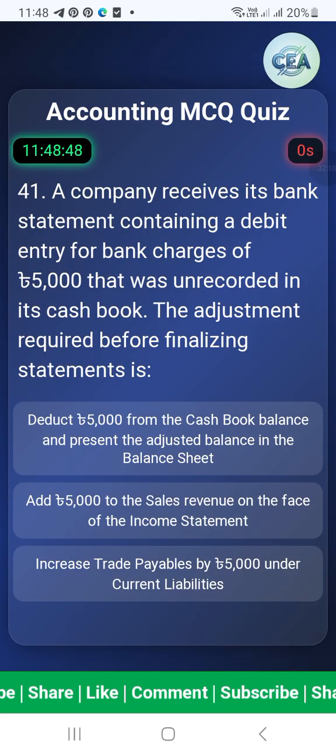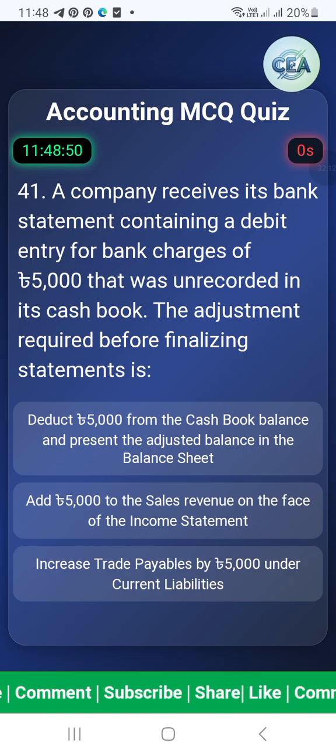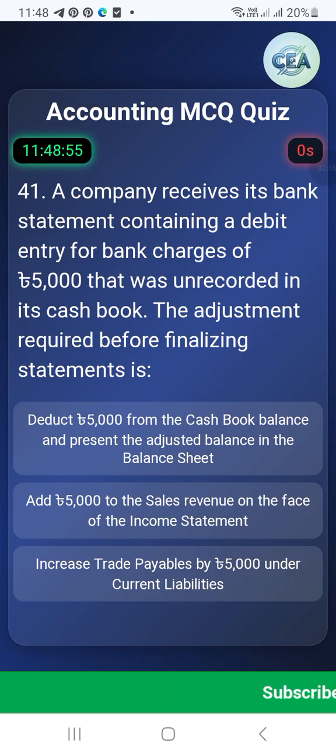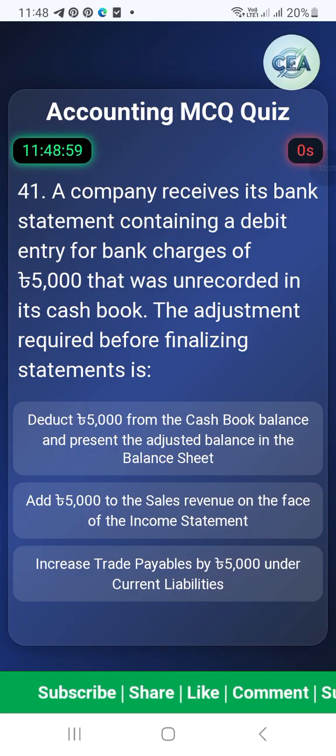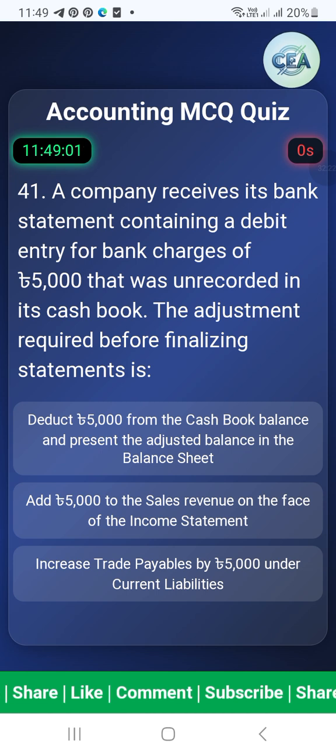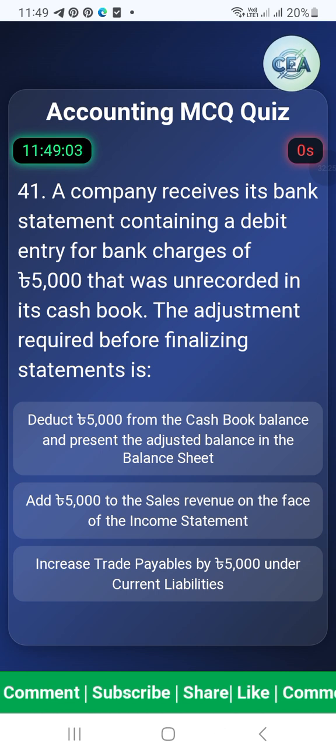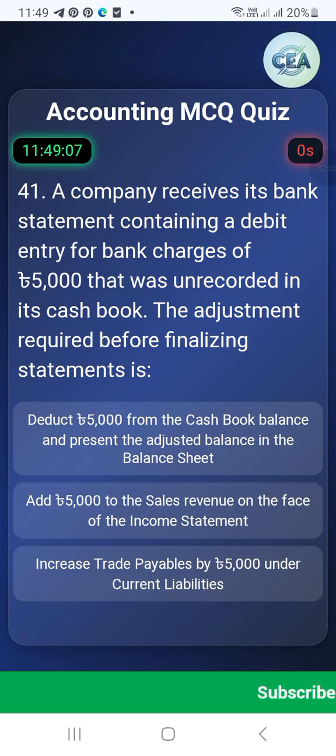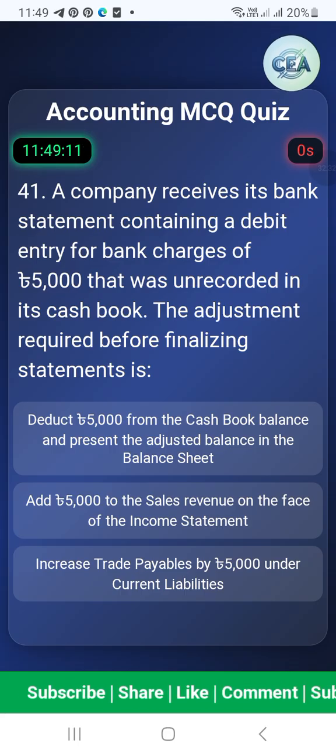41. A company receives its bank statement containing a debit entry for bank charges of 5,000 takas that was unrecorded in its cash book. The adjustment required before finalizing statements is: Option 1. Deduct 5,000 takas from the cash book balance and present the adjusted balance in the balance sheet. Option 2.